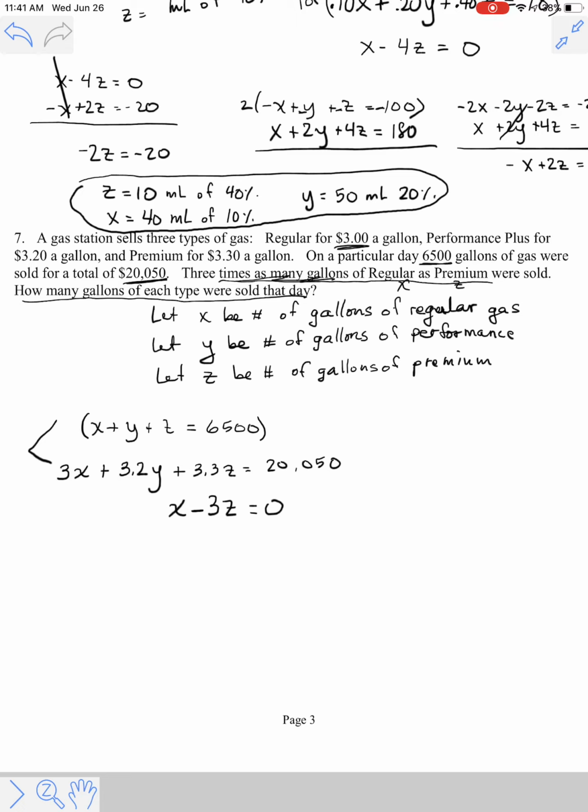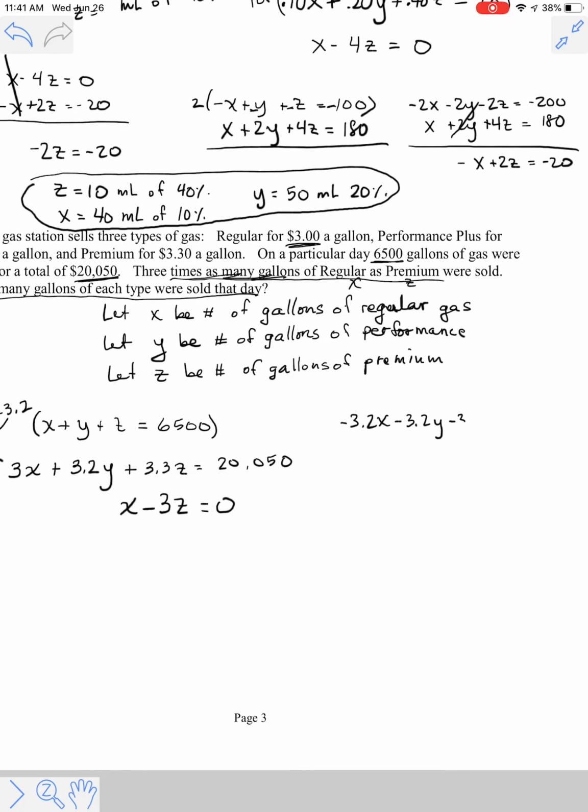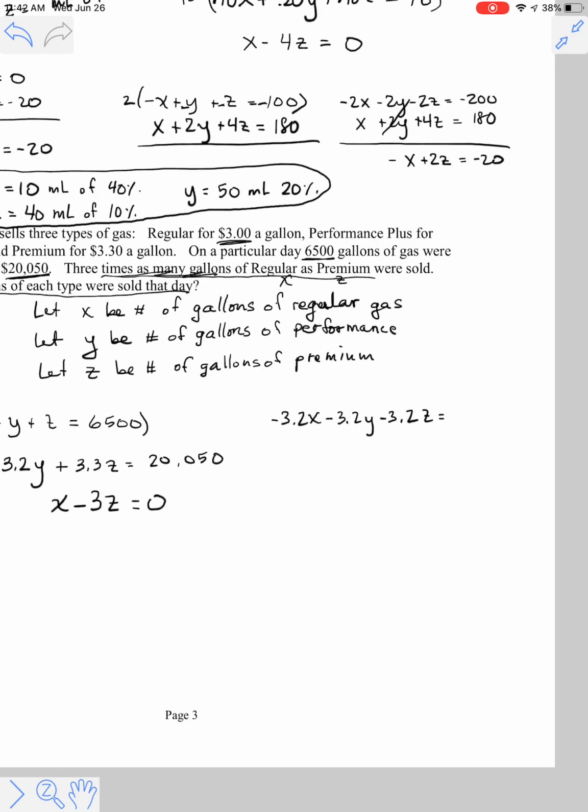I'm going to need to multiply the top equation by negative 3.2 in order to have an opposite coefficient there for y. So that top equation becomes negative 3.2x minus 3.2y minus 3.2z, and then 6,500 times 3.2 is 20,800, so negative 20,800. The middle equation stayed the same.